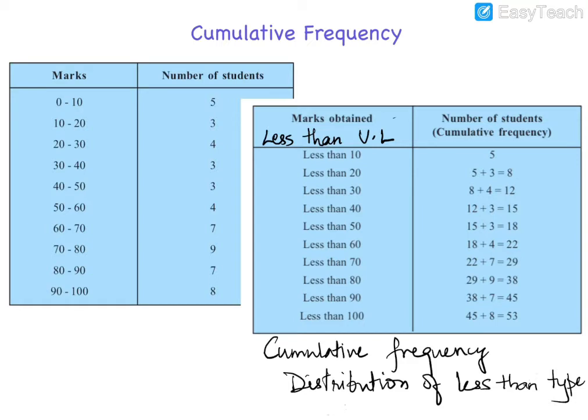But we are going to skip this part as the formula for median given in the chapter is based only on less than cumulative frequencies. More than cumulative frequencies are required to draw ogives, which is deleted from the portion this year. However, those who are curious can study this part from the textbook.